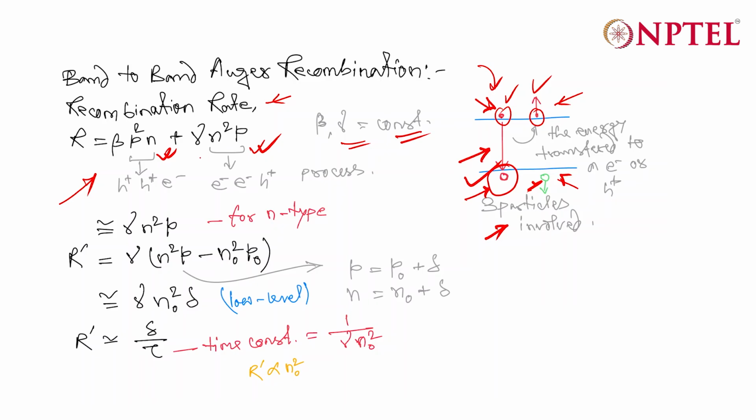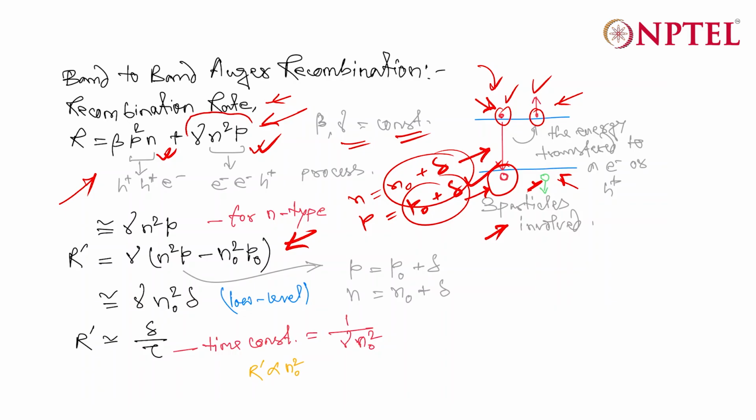Now, if you again replace the values of n is equal to n0 plus delta and p is equal to p0 plus delta, both of them in this equation, you will find an expression similar to this one. So in this case, we are only considering the second term, that is electron hole process, because anyways your holes are minority if you consider an n-type semiconductor.